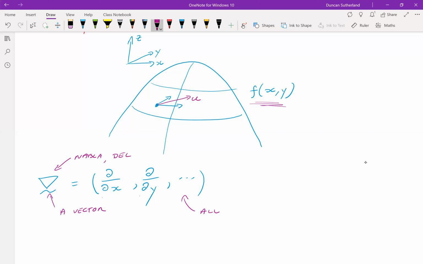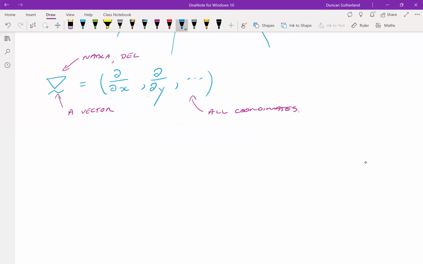If we had a three-dimensional function, we'd have three components. Remember that the operator is looking for something to differentiate. These don't do anything until they're applied to some function. So this is our vector operator.